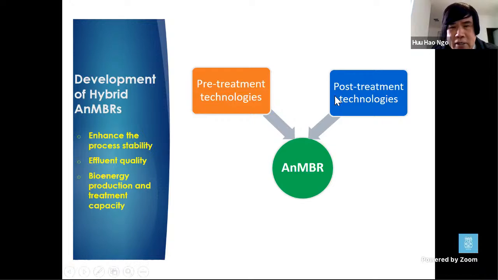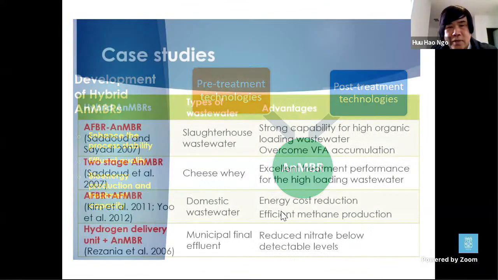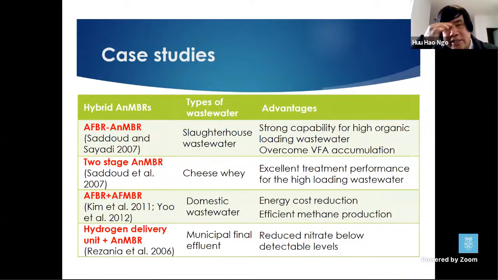So that's the reason you can see we need a pre-treatment, and we also have a post-treatment for the anaerobic MBR, to enhance the process stability, to enhance the effluent quality, and to improve the bioenergy production and treatment capacity. All right, the case studies, I just go through very quickly.